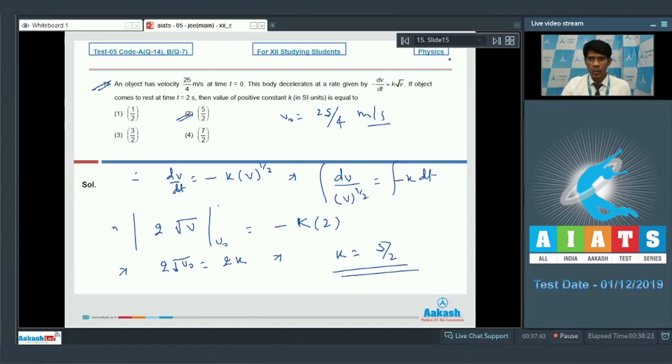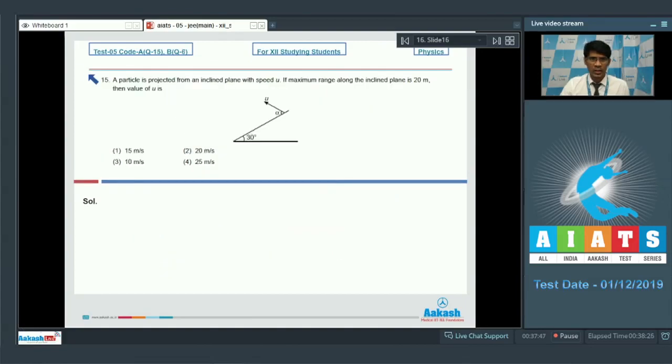Now let's proceed to question number 15. Here in question number 15, a particle is projected from an inclined plane with the speed u. If the maximum range along the inclined plane is 20 meter, then the value of u is? If you go for the condition of maximum range here, we'll get this value R max equal to u square divided by g (1 minus sine theta), theta being 30 degrees here.